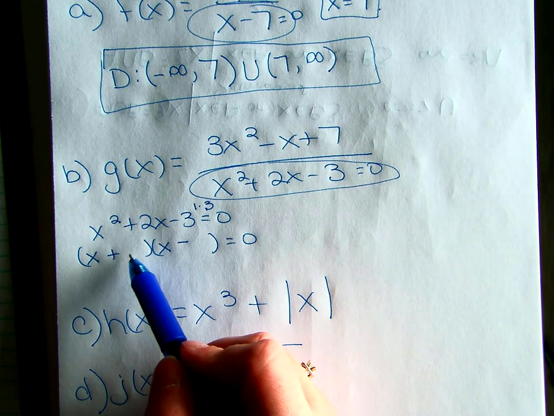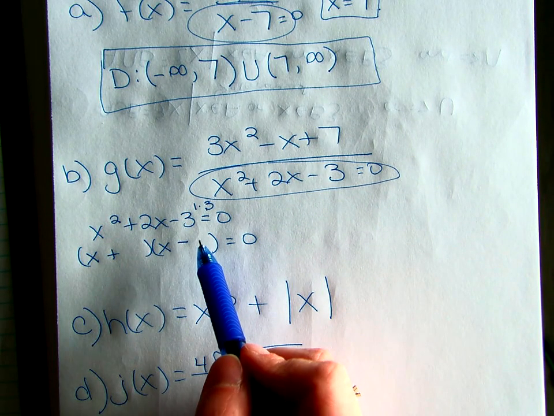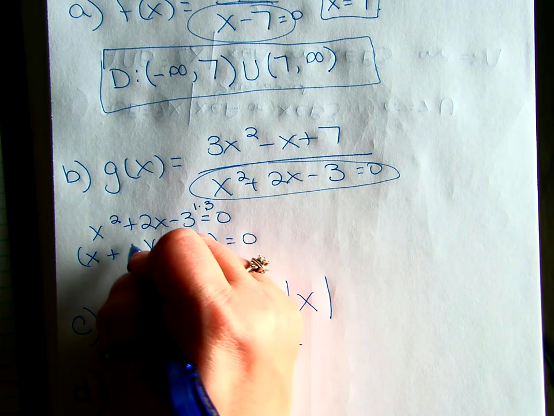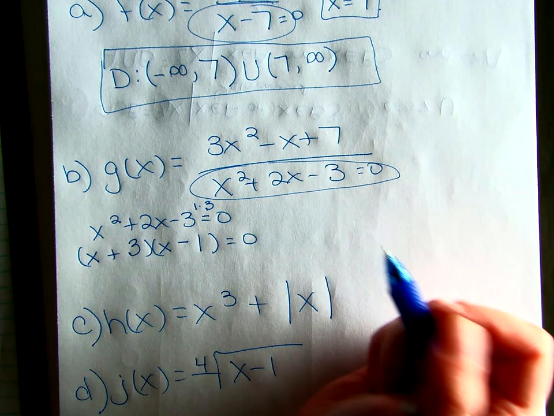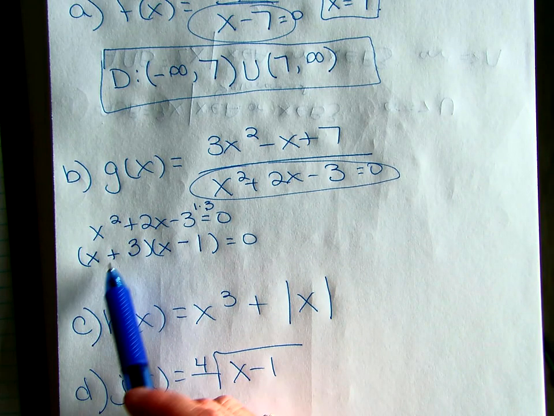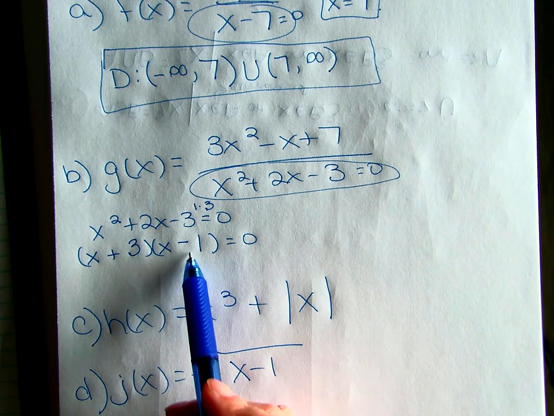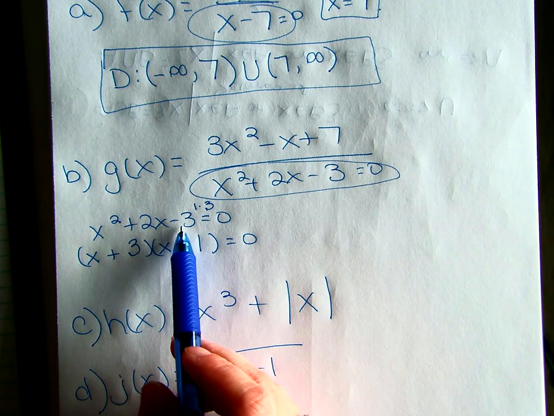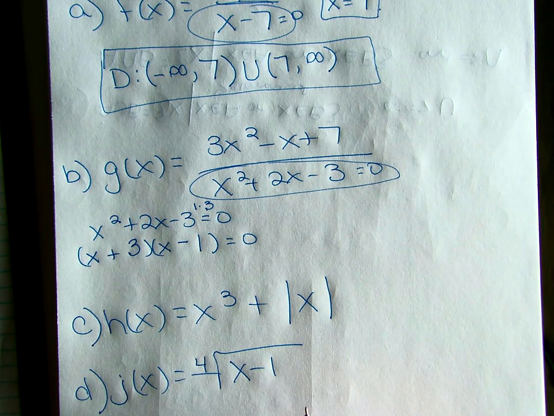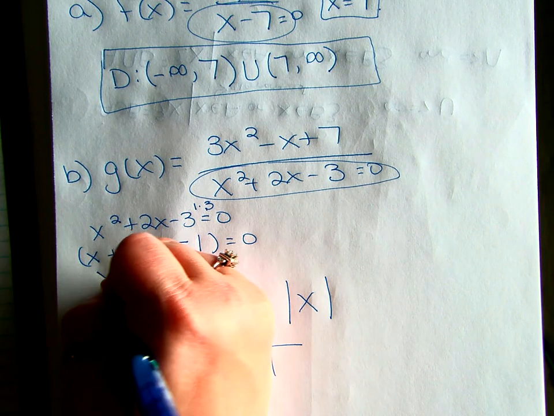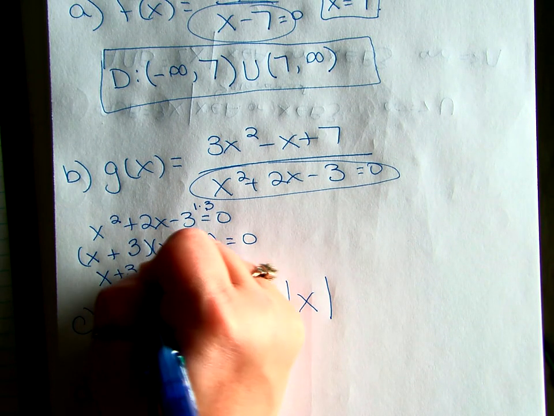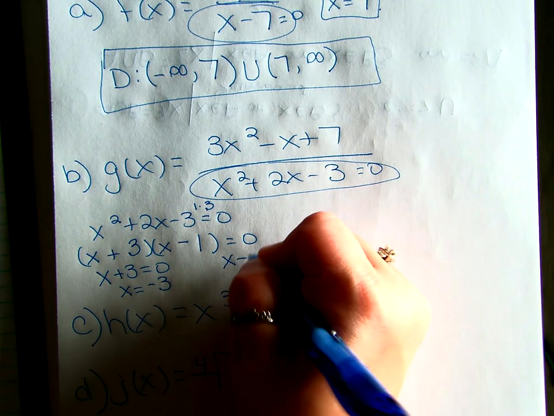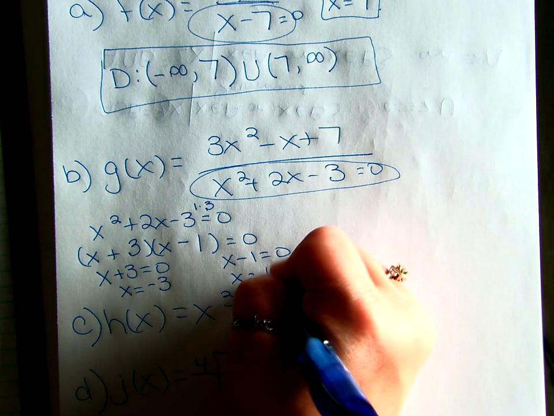So I need to put those in place here so that when I subtract them together, I get a positive 2. So I'm going to put 3 here and 1 here. Because now if I FOILed, I would have x squared minus x plus 3x minus 3, which would get me right back up here. Now that I have these 2 binomials written this way, I'd have x plus 3 equals 0, so x equals negative 3, and I have x minus 1 equals 0, so x equals 1.